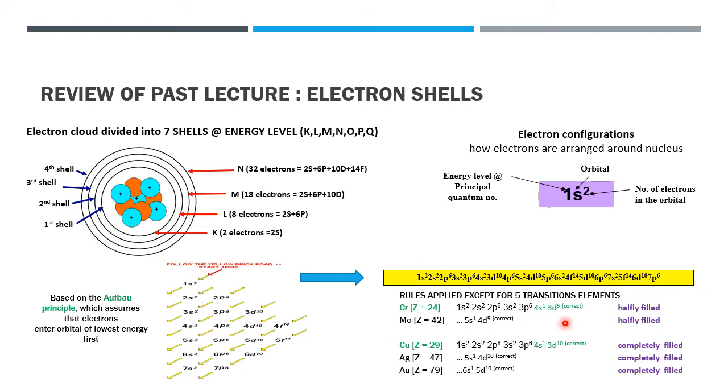So chromium and molybdenum are half-filled elements. We also have copper, argentum, and aurum, which only have 1 electron in the s orbital, but the maximum number, which is 10, at the last d orbital, which makes them completely filled elements.